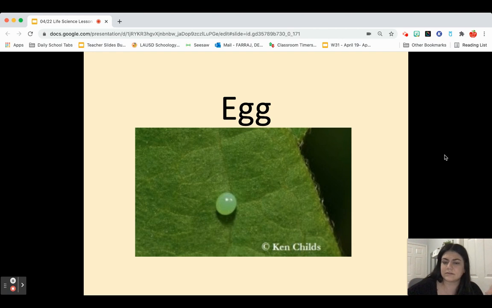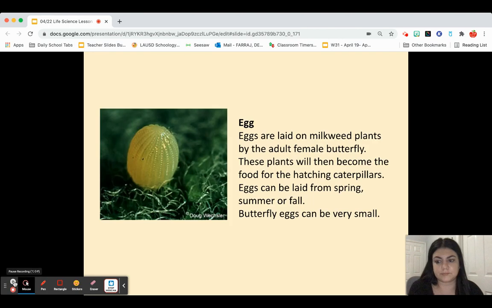What is the egg? Eggs are laid on milkweed plants by the adult female butterfly. These plants will then become the food for the hatching caterpillars. Earlier on Tuesday, we talked about how caterpillars eat a lot.